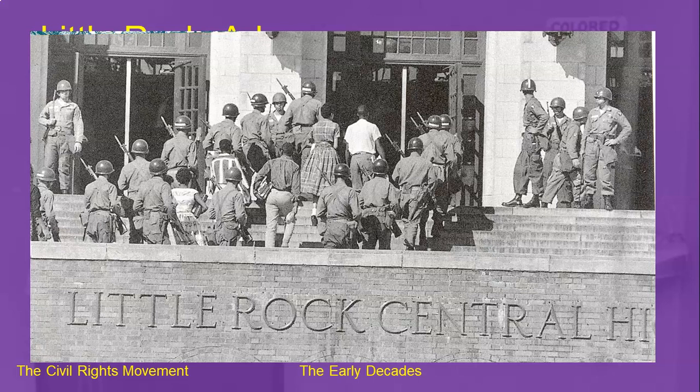This is a sign you're trying to intimidate a crowd, because what you don't see in this photo is what's behind the photographer, and that is the angry crowd that has been yelling at these students and is threatening to storm into the school to attack the students that are there. Arkansas would respond by closing all schools in order to make sure that these kids were not allowed to get their education that year.